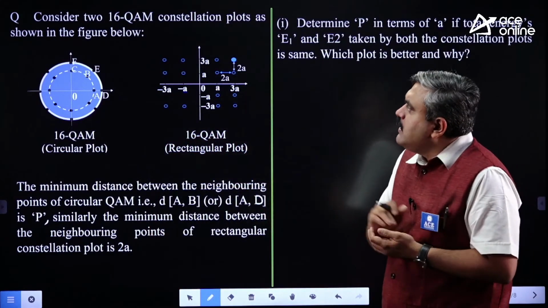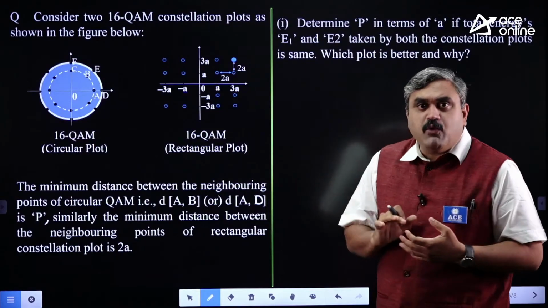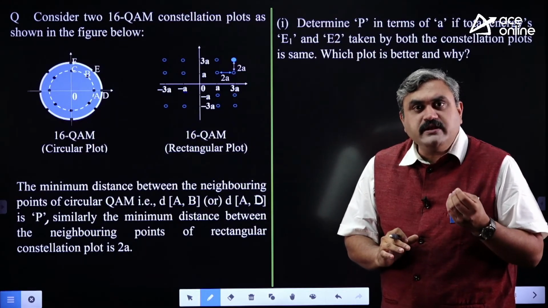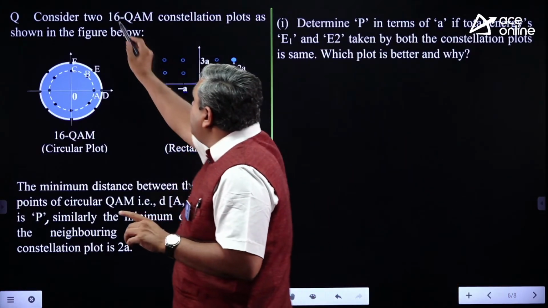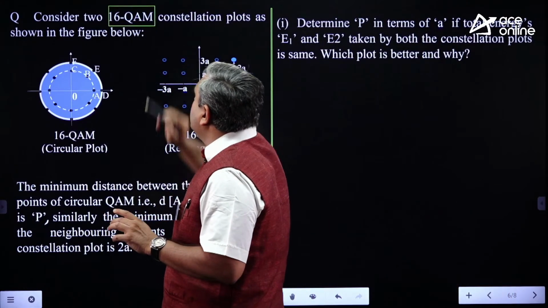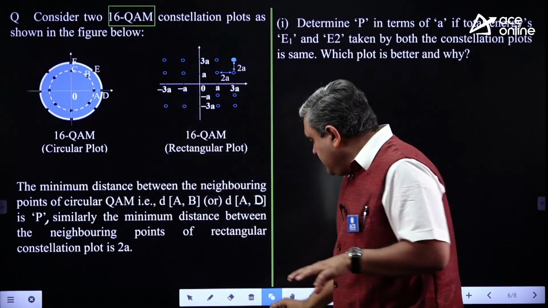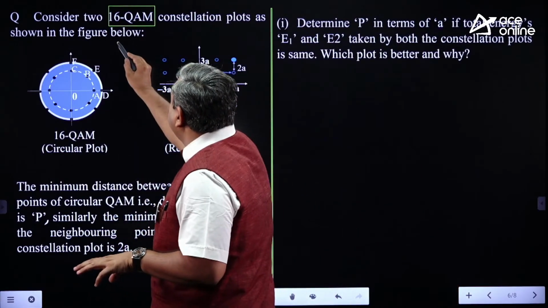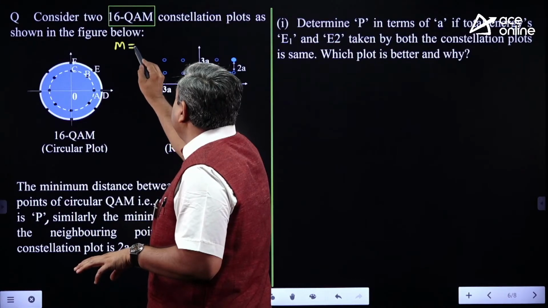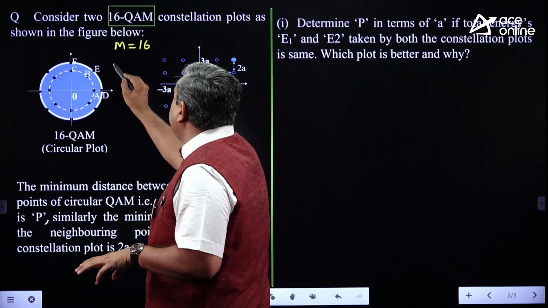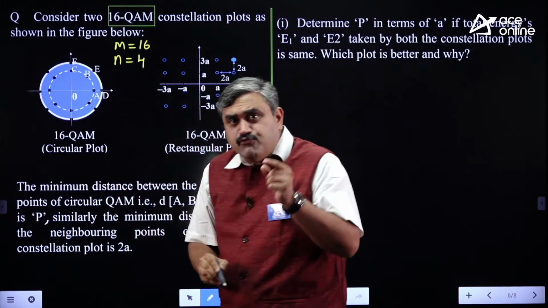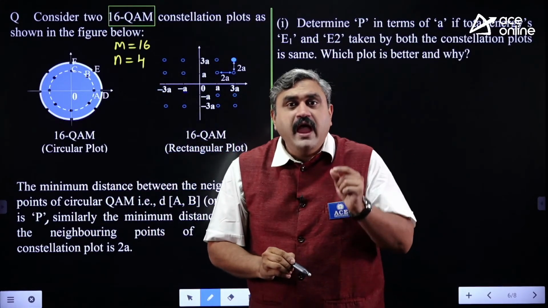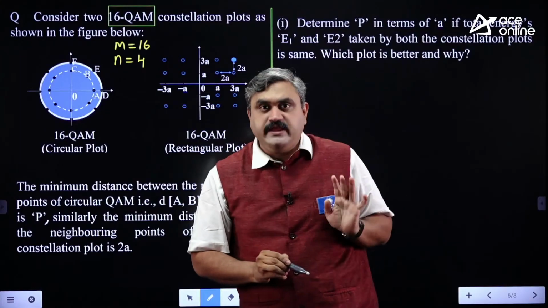See this. Consider 16 QAM. QAM means what? Quadrature amplitude modulation. 16 QAM means what? The value of M which you are considering here is 16 and the value of n automatically becomes 4. That means you are clubbing 4 bits at a time and transmitting it using 1 carrier.